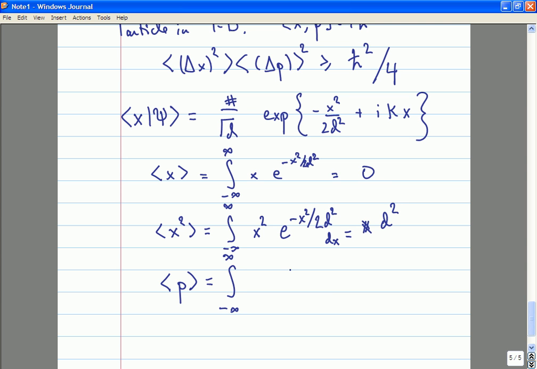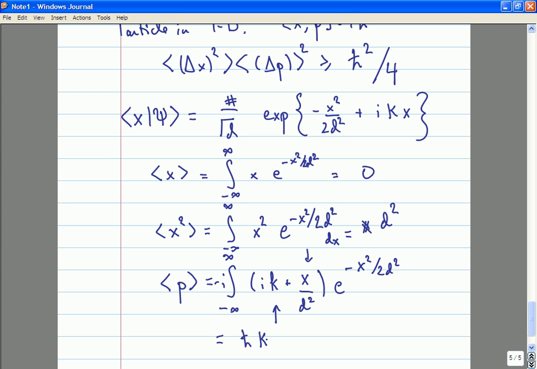Well, that'll give you ik plus something that goes like x over d squared, integrated with this Gaussian, with some other factor of i, maybe a minus i here. Well, this term integrates to 0 because it's the integral of an odd function, and this term integrates to k. So the expectation value of p will be h bar times k.